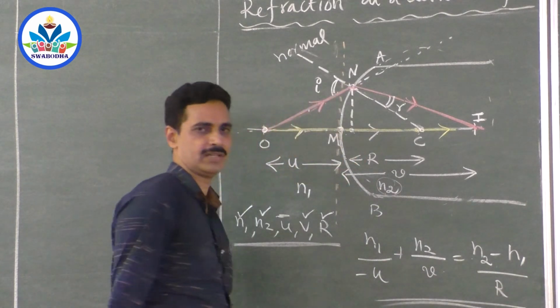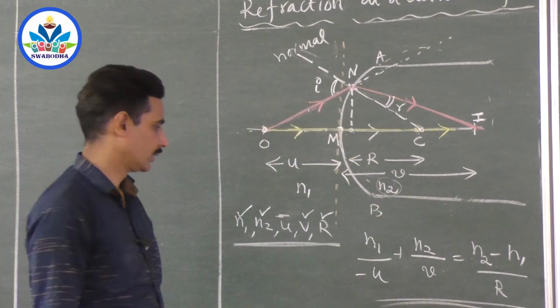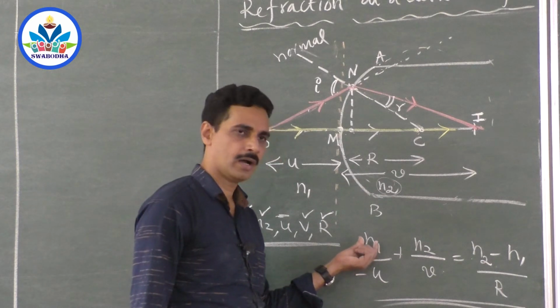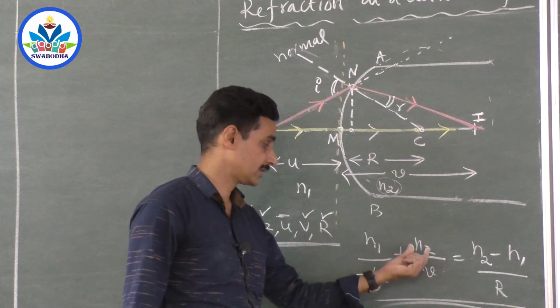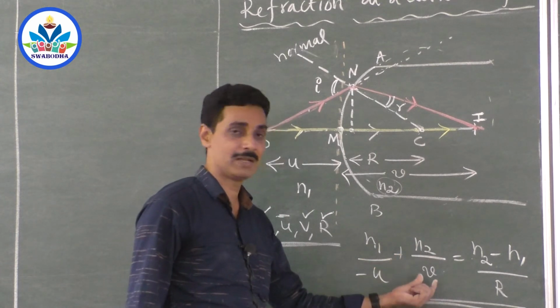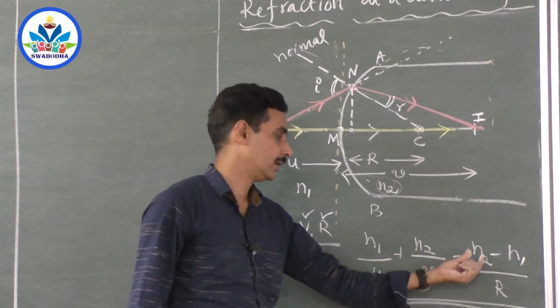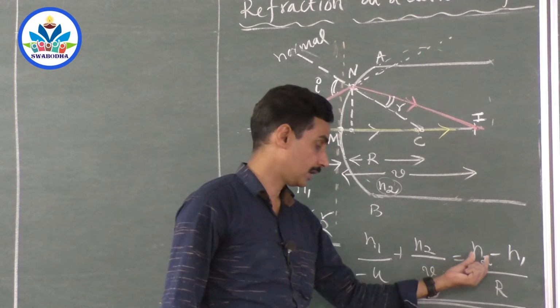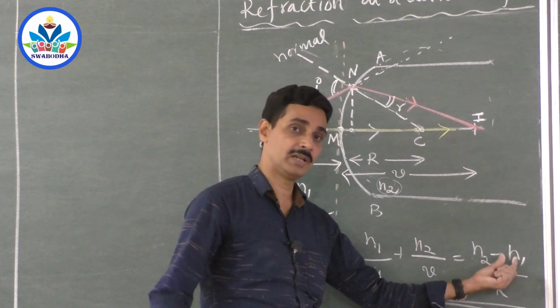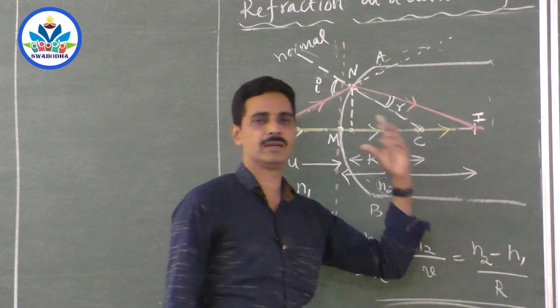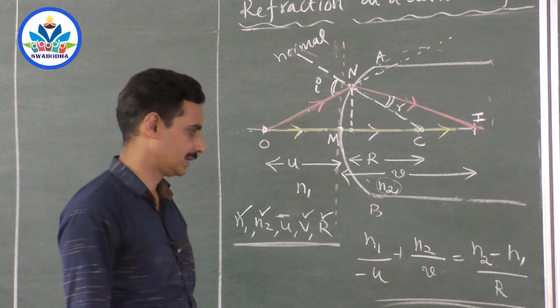This is the formula. Finally you get it here. That is, n1 by negative u plus n2 by v equals n2 minus n1 by R.